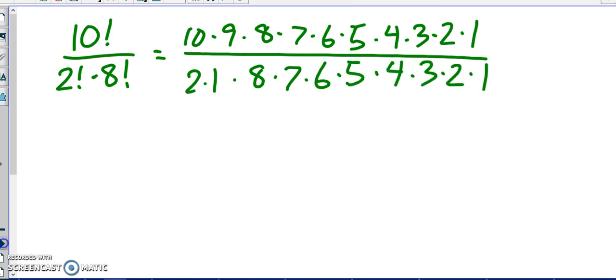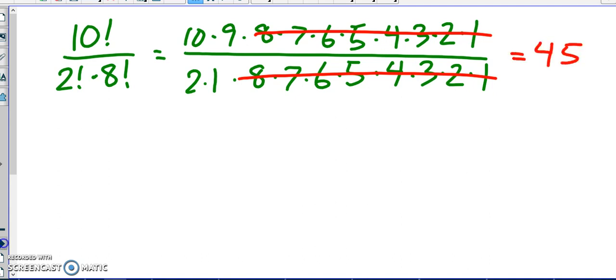And the key is, notice that this 8 and everything back here cancels with this 8 and everything back here, and you end up with 45. And I'm out of time.